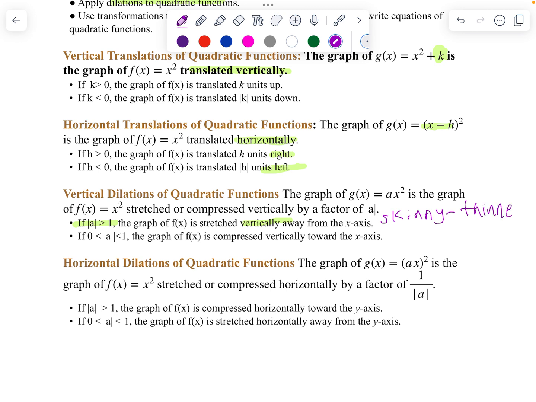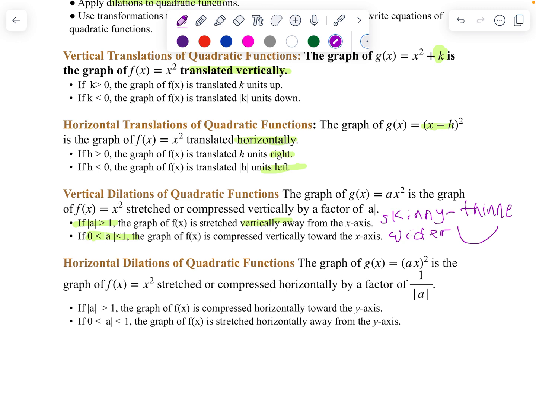And if you multiply by a number less than 1 but still bigger than 0, we'll talk about that in a second, then you're going to stretch it horizontally. You're going to make it wider. So my parabola is going to be wider. It'll be a wide shape U instead of a thin U.